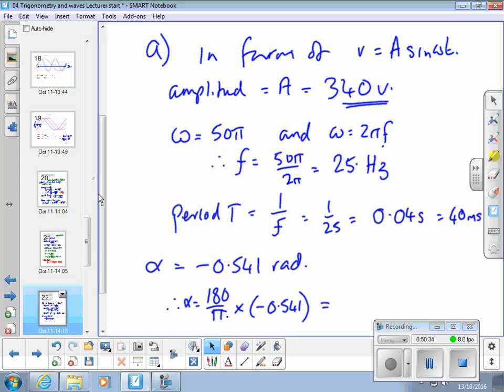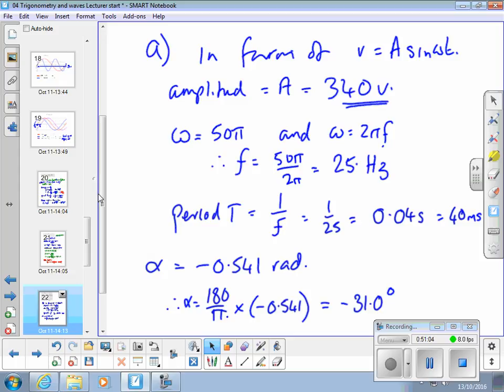Minus 30.997, which would round to minus 31.0 to 3 significant figures. All agree with that? Yeah?